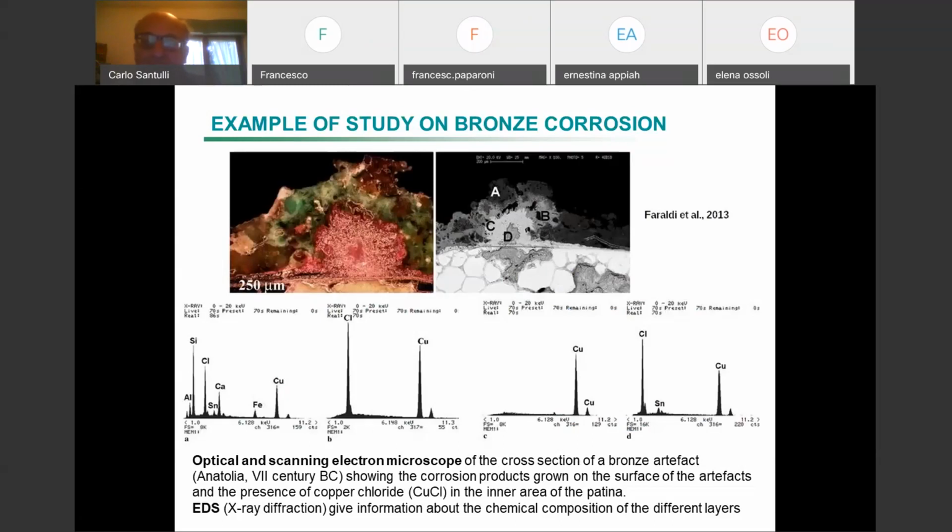So silicon and aluminum are not strange to find, and also of course some iron. It's normal that there are also some iron oxides in the rock from which you extract the bronze, the copper alloy.